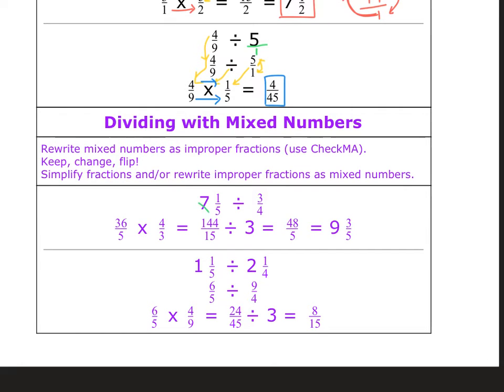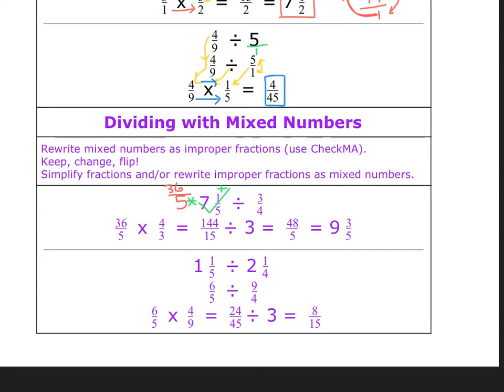So first thing I need to do is my check mark, multiply these two and add that in there. So when I do that, 7 times 5 gives me 35, and plus 1 is going to be 36. So I will have 36 over 5 now.